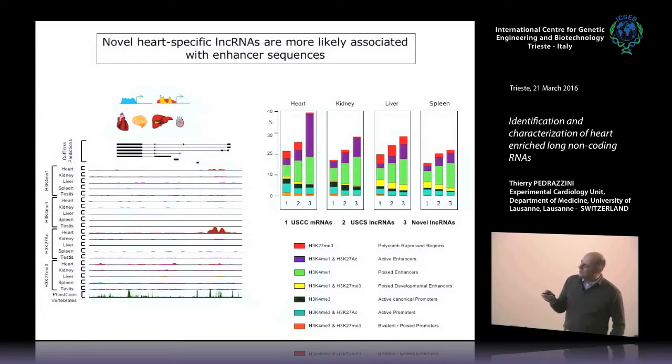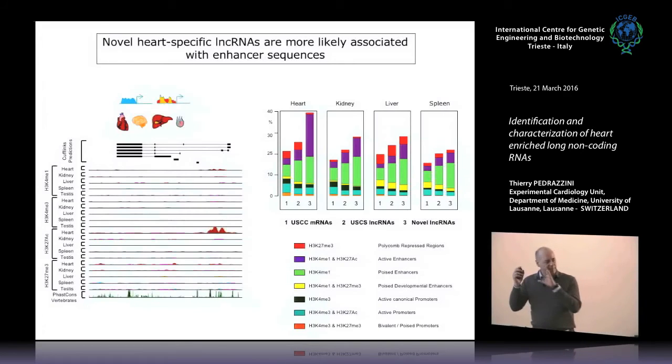As you can see here, in this particular case, you have this association with the H3K27 acetylation mark, uniquely in the heart for this particular transcript. It means that in the heart, this transcript is associated with an active enhancer.